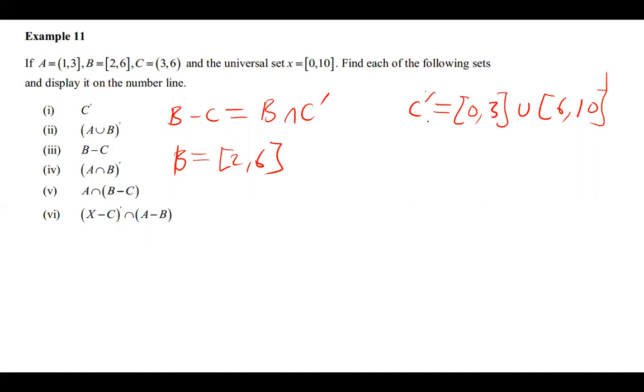Then they want us to find the intersection between B and C complement. So these two sets, meaning we combine the two sets. How can we combine the two sets? The best way to solve this is to use the number line. If you can't see the answer just by looking at them, you can simply use the number line. I will just put the important numbers which I'm seeing in the question.